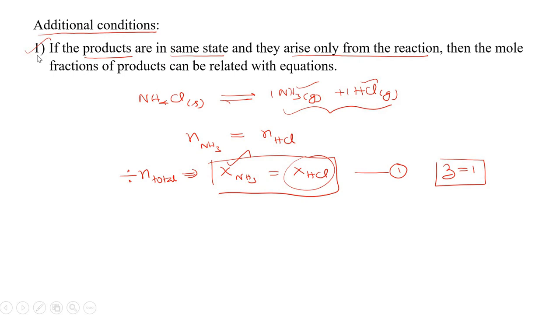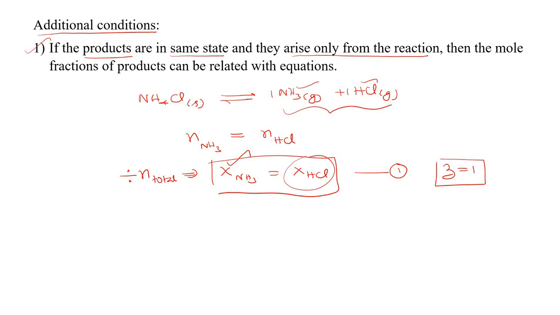Then in a reactive system some other additional conditions will arise. There are two additional conditions. Number one, suppose in a chemical reaction you are getting two or more products, and all the products are formed in the same state, and the products arise only from the reaction, you should not add any product externally.